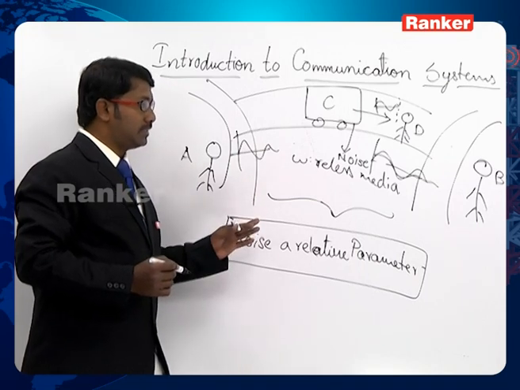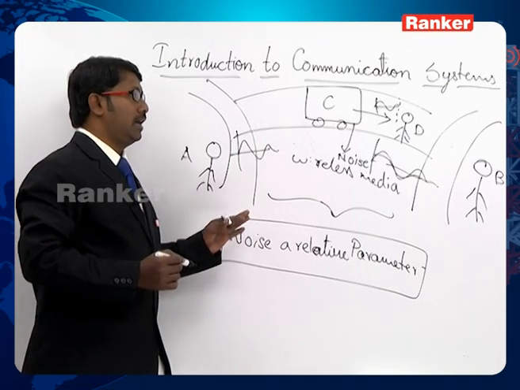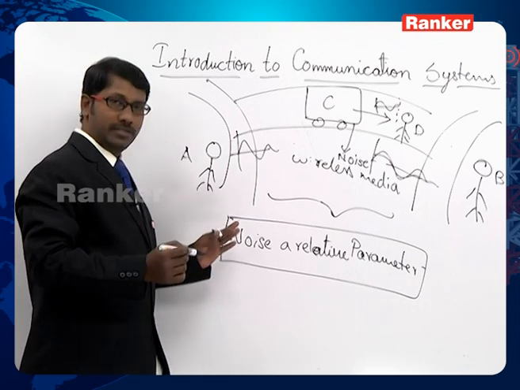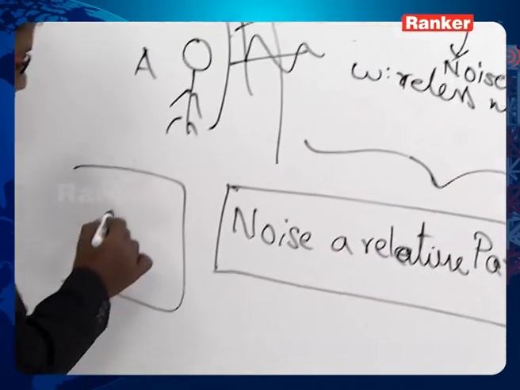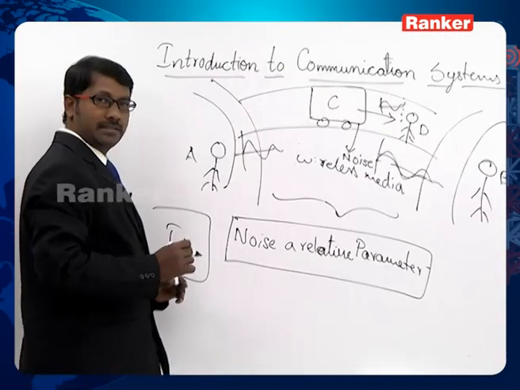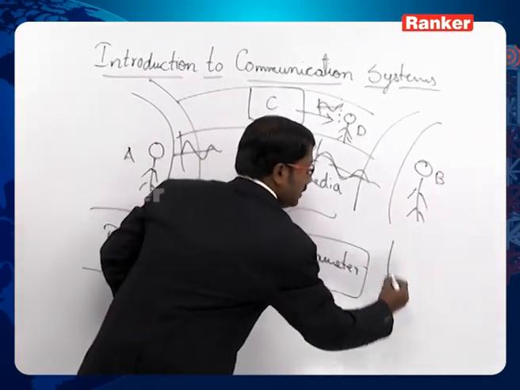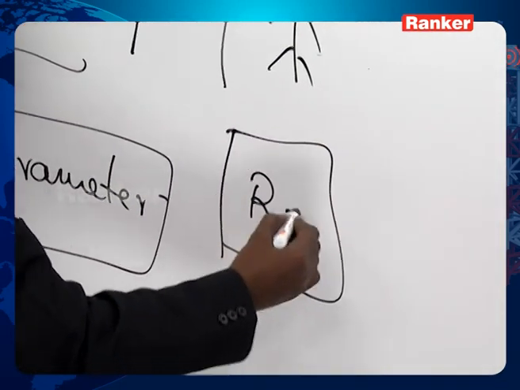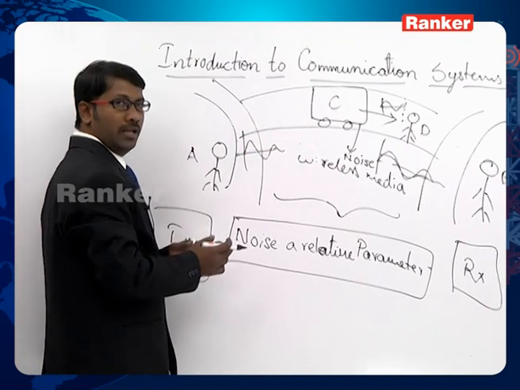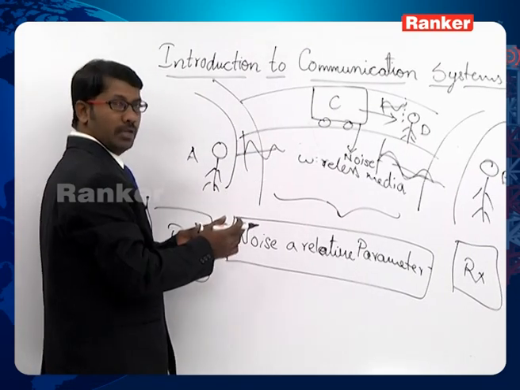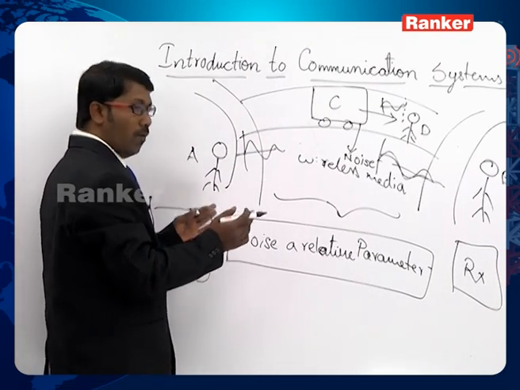Having said this, I would say I basically have a transmitter at the sending end and a receiver at the receiving end. But apart from these two, I also have a channel in between, a medium in between, which is modeling your signal.